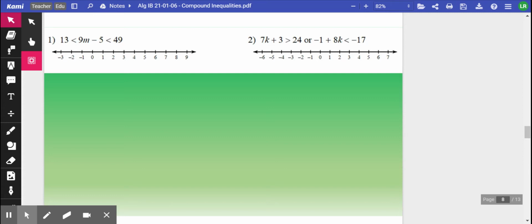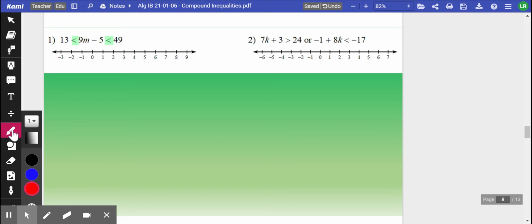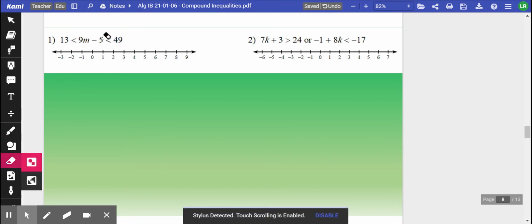So with problem number one, notice in this particular problem, there are two inequality signs here. We have an inequality sign here, and we have an inequality sign here. So there's two inequality signs, and that's important to help us understand that this is an automatic and statement.